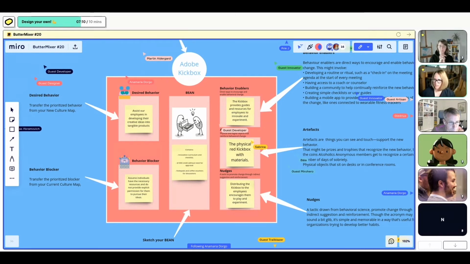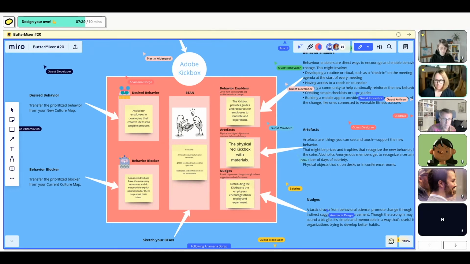This is something you see, you can touch, and that reminds you that you need to innovate, explore and experiment. And the nudge is distributing the Kickbox to the employees, encouraging them to play and experiment. So the nudge is they get the box. Getting the box is kind of a nudge for them. Now they can start, so it empowers them.